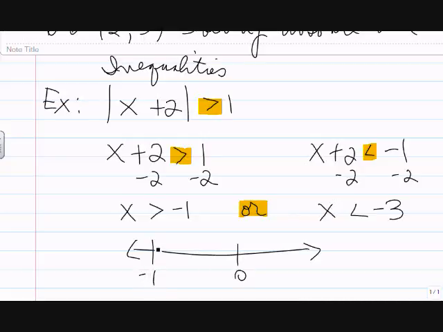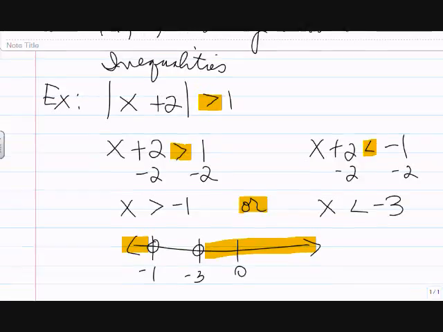I got the negative 1 with an open circle, the negative 3 with an open circle, and whenever we have an OR with our compound inequalities, we always shade the outsides. No matter what. You'll find when you do Algebra 3, we'll have some exceptions. But in Algebra 1, we won't have any exceptions to that. It's going to be no matter what. Okay?